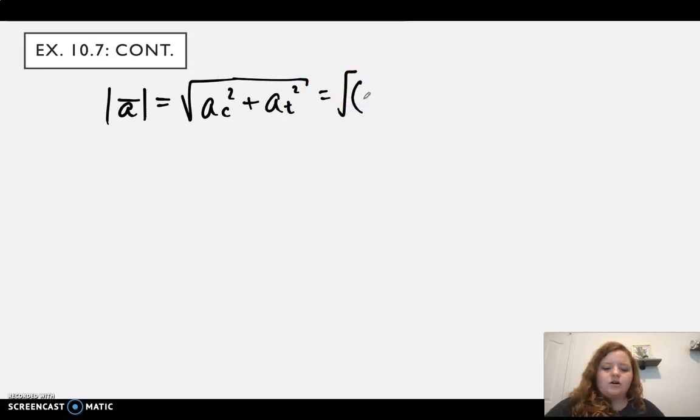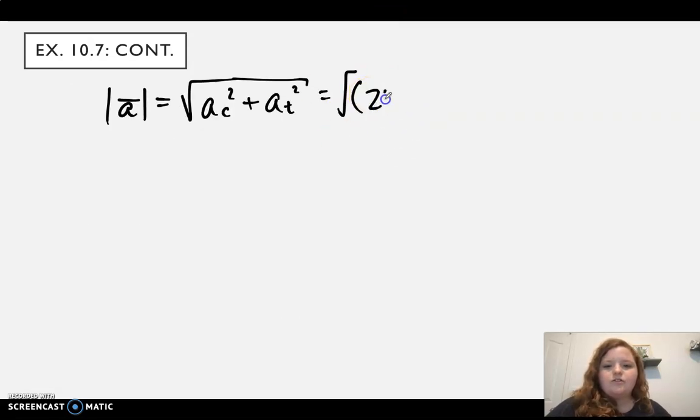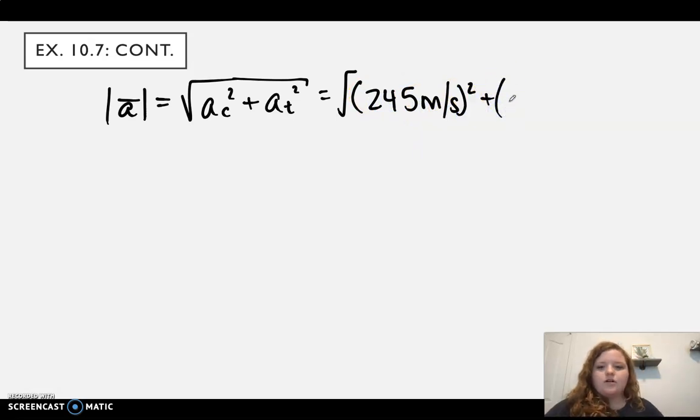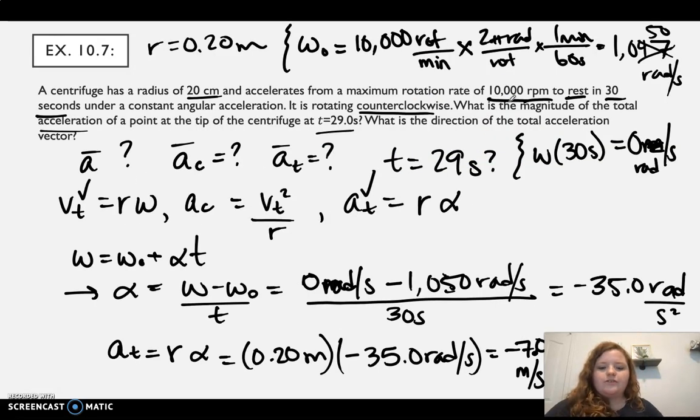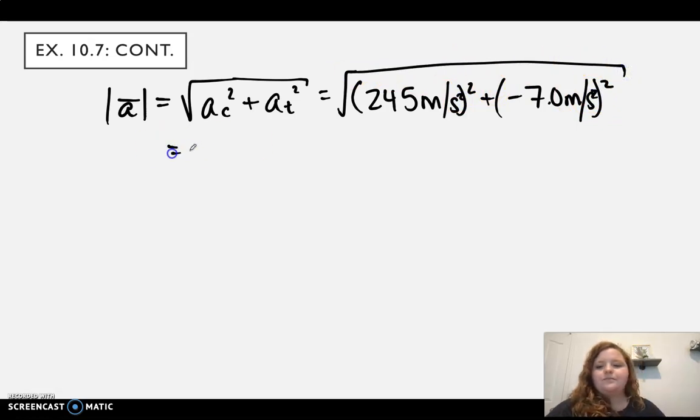So our centripetal we found was 245 meters per second squared, and our tangential we found was negative 7 meters per second squared. Whoops. Okay. So we can put that into our calculator.